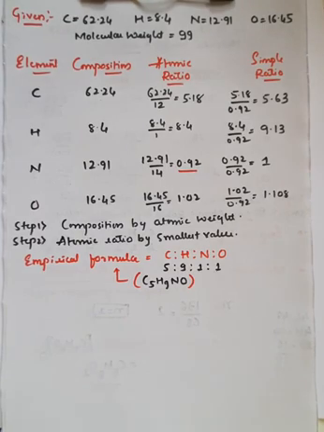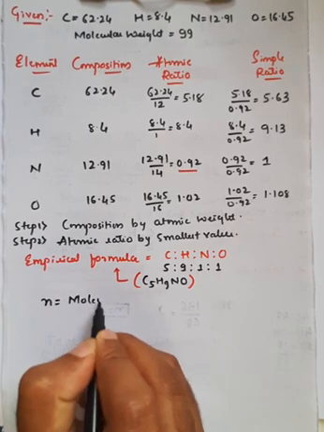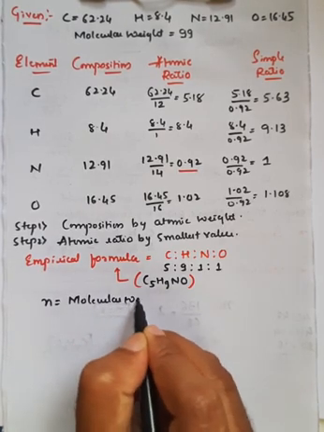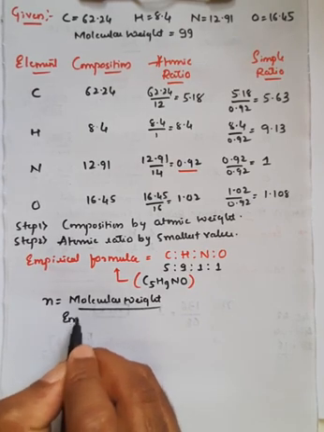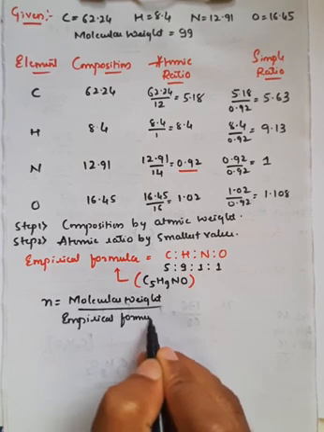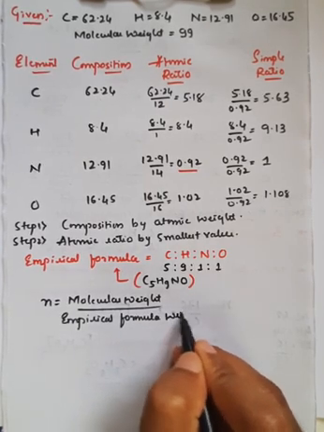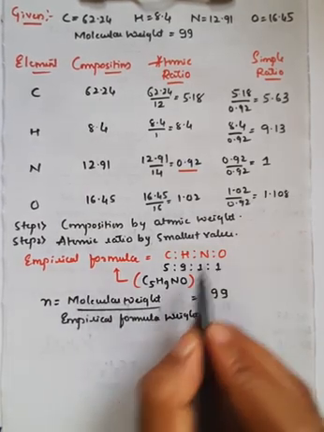Further, to calculate the number of atoms, n is equal to molecular weight divided by empirical formula weight. Given value is 99, molecular weight is 99.